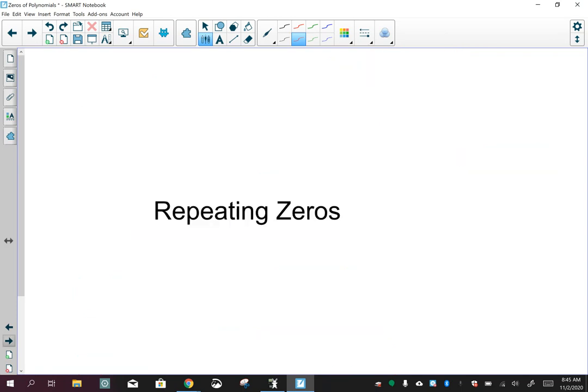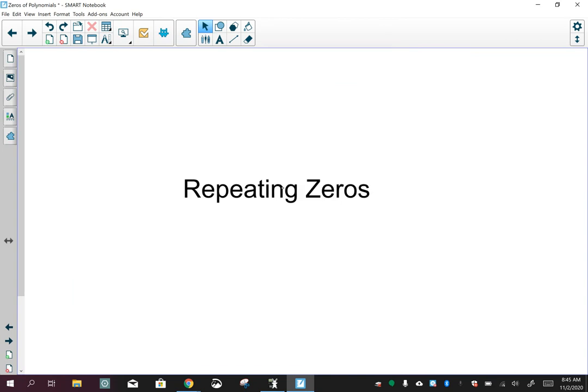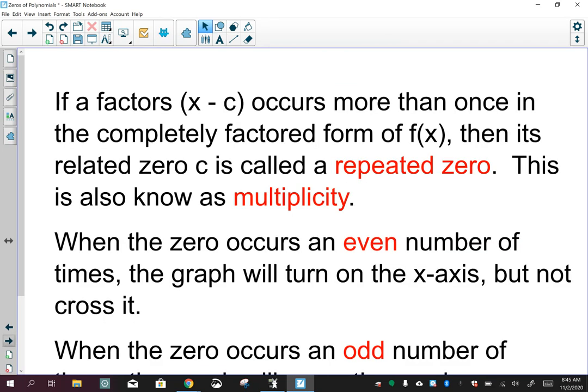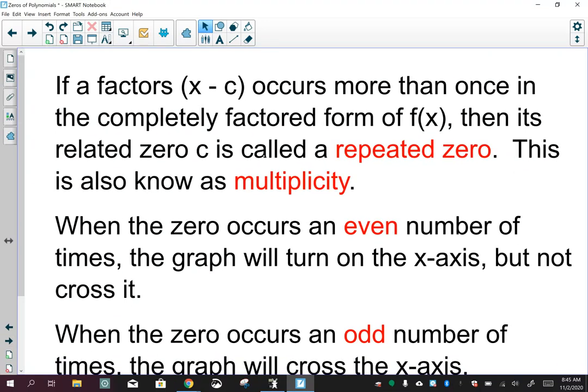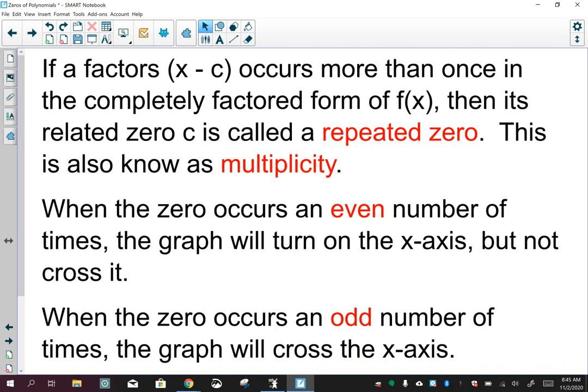So now, let's talk about repeating zeros. Sometimes you're going to wind up with an (x minus c) squared, or to the 3rd or to the 4th power or whatever else. If this happens, this is called a repeating zero, and it's also known as a multiplicity. So a repeating zero and a multiplicity both mean the same exact thing.